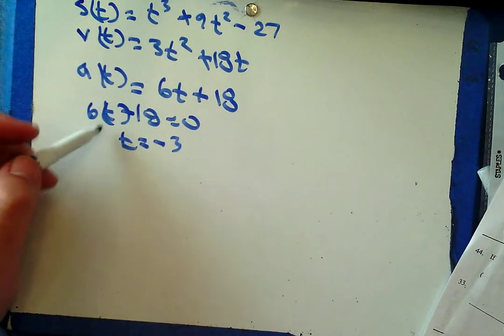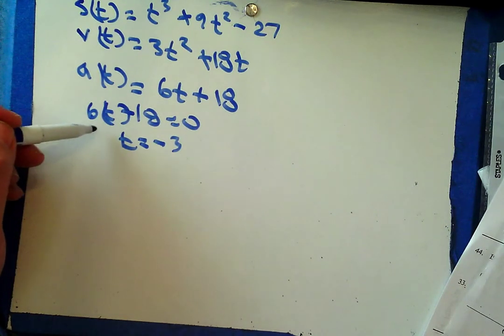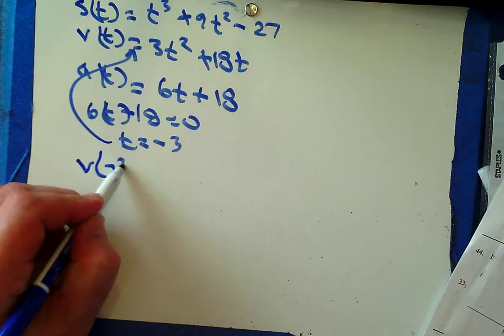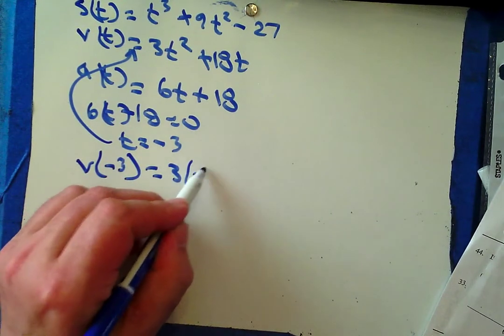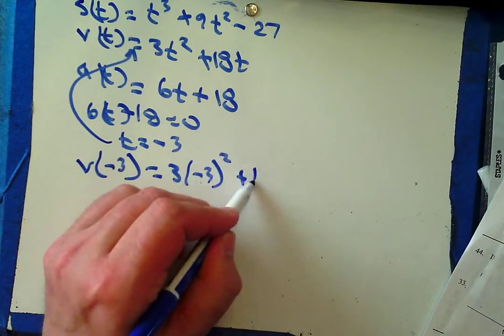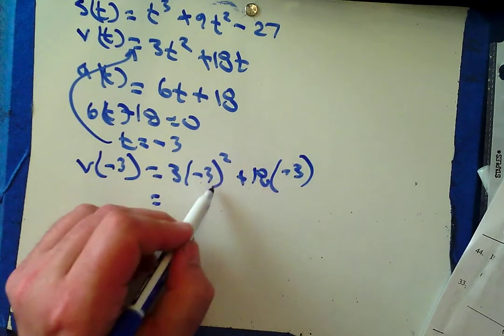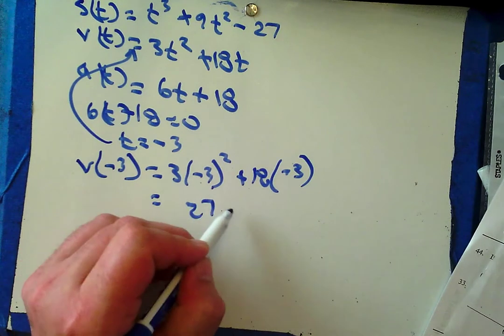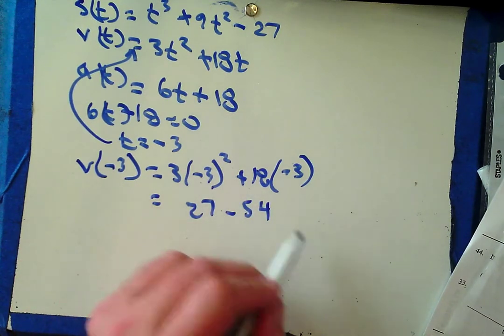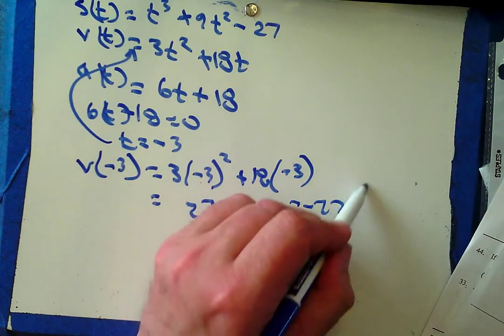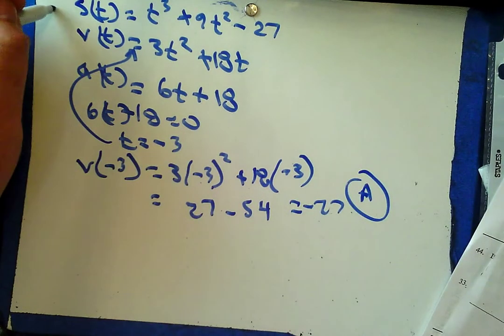And we want to know the velocity at this time, so let's plug a -3 into v. v of -3 equals 3 times -3 squared plus 18 times -3. 9 times 3 is 27, minus 54 is -27. And so that's choice A for number 5.